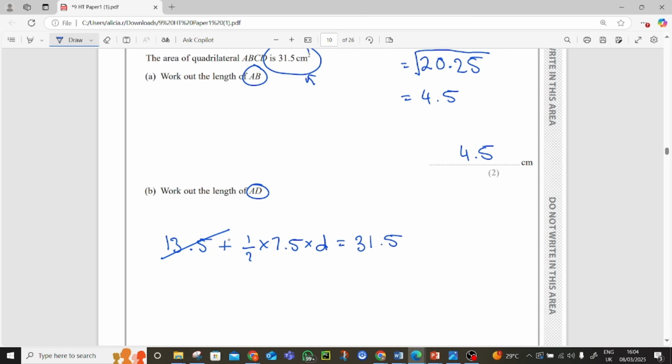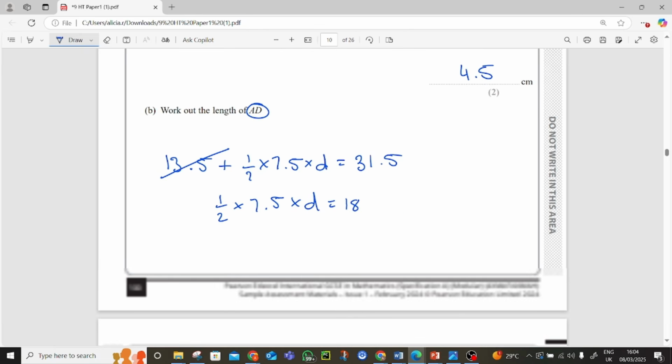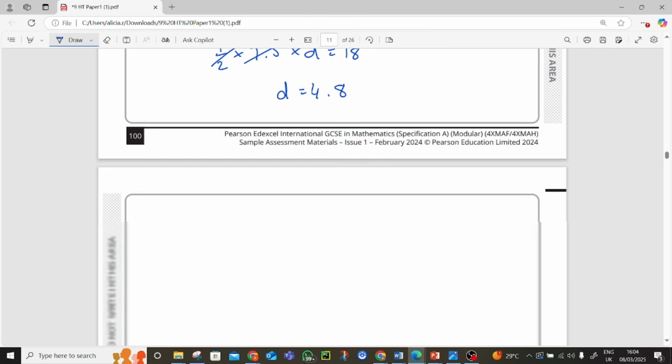So first of all, I'm going to subtract 13.5, and so I have a half times 7.5 times D is equal to 18. And then I'm going to take 18 and divide by 7.5, and divide by a half, and I will look at the side length. D is 4.8, and we are done.